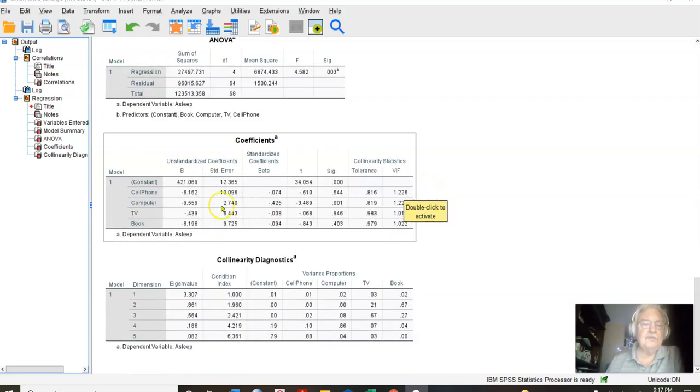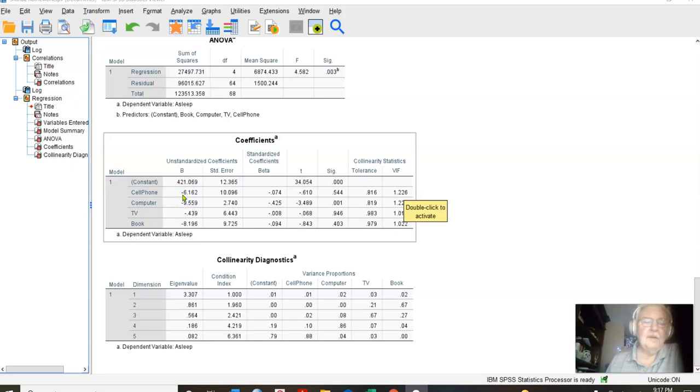Now let's look at our coefficients. This is our model. We have what are called unstandardized coefficients, their value, and their standard error. The first coefficient is really a constant. That's the a in y equals a plus bx. And then these values are the b's, and we have four of those.